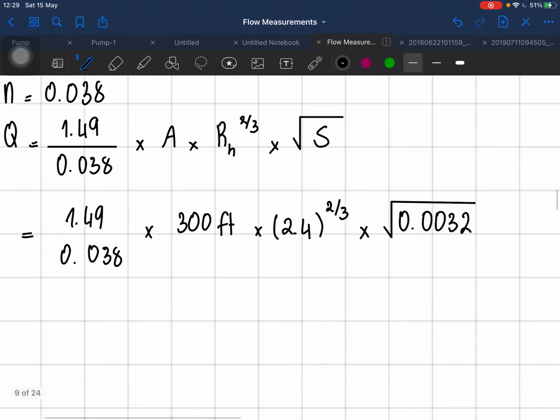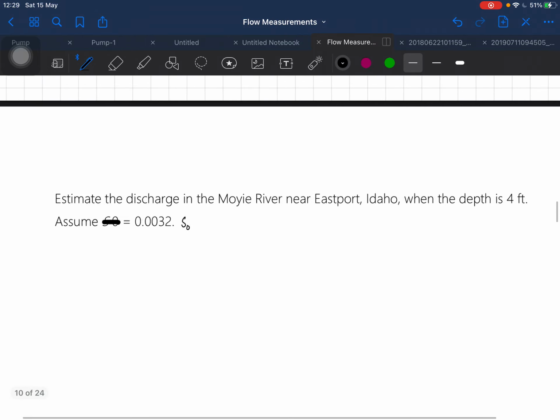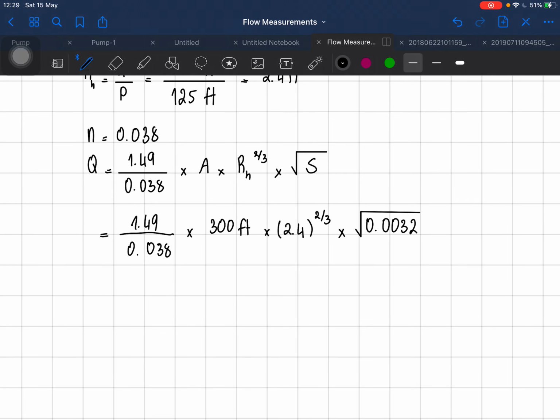Okay, so then we can probably find, what did the question ask again? Estimate discharge. So it would be 1.9 times 300 times 2.4 square root, and this would be 2 over 3 times the square root of 0.0032.